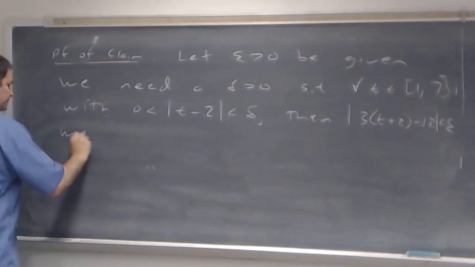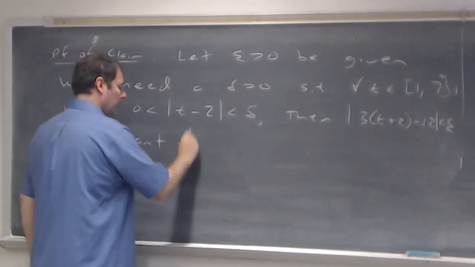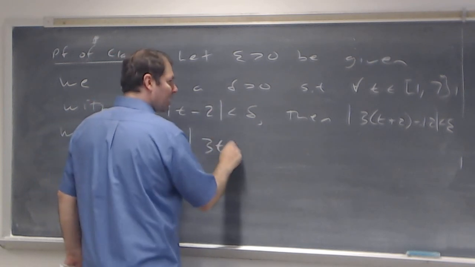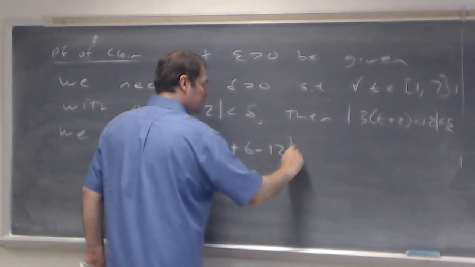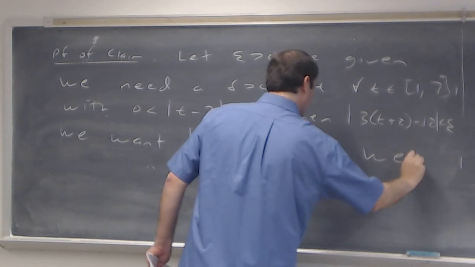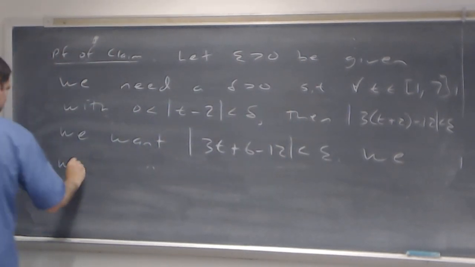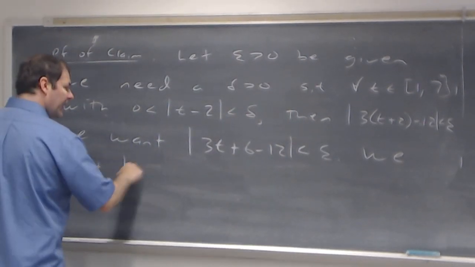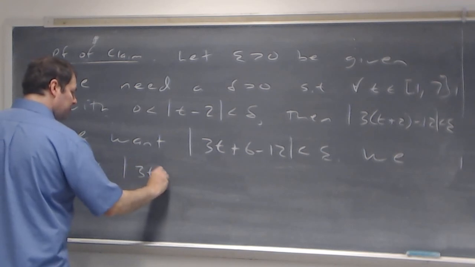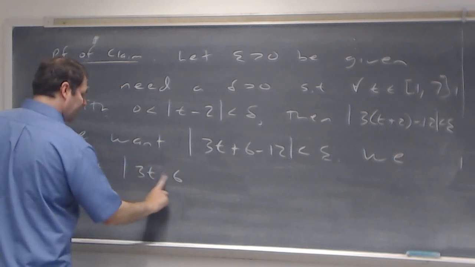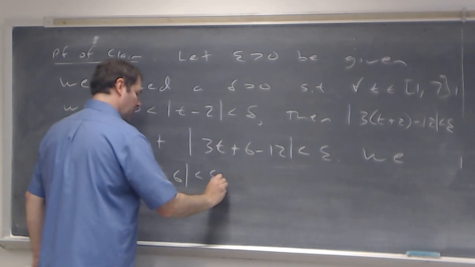So what we want is the absolute value of 3t plus 6 minus 12 to be less than epsilon. That is, we want the absolute value of 3t minus 6 to be less than epsilon.